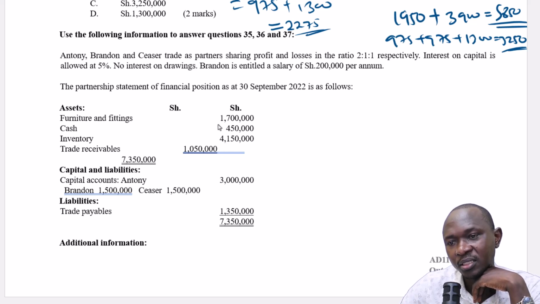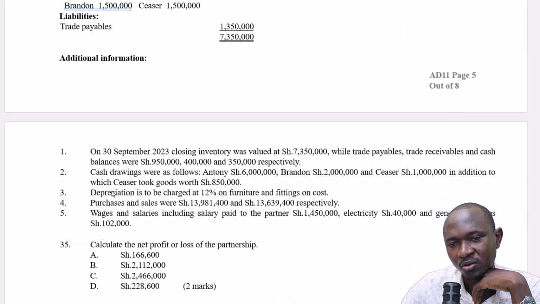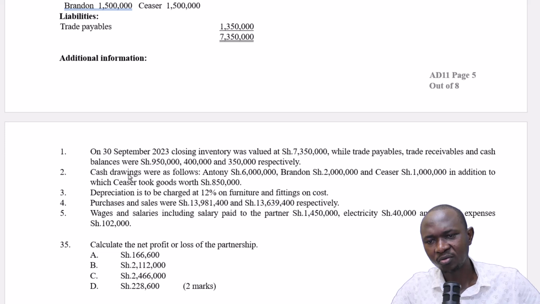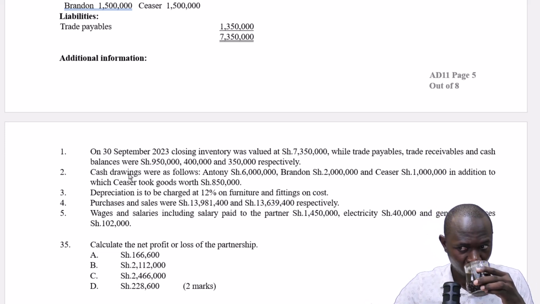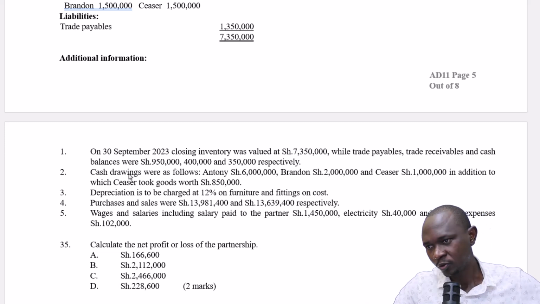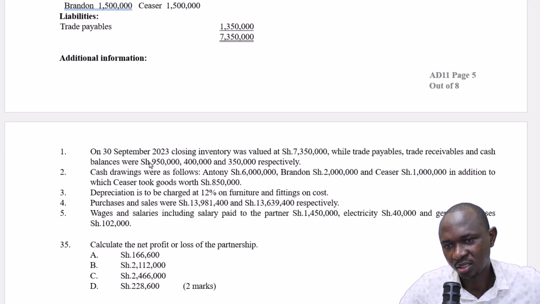So we have assets, liabilities, like that, additional information. On 30th September 2023, closing inventory was valued at 7350, while trade payables, trade receivables, and cash balances are 950, 400, and 350 respectively. Cash drawings, we have it.